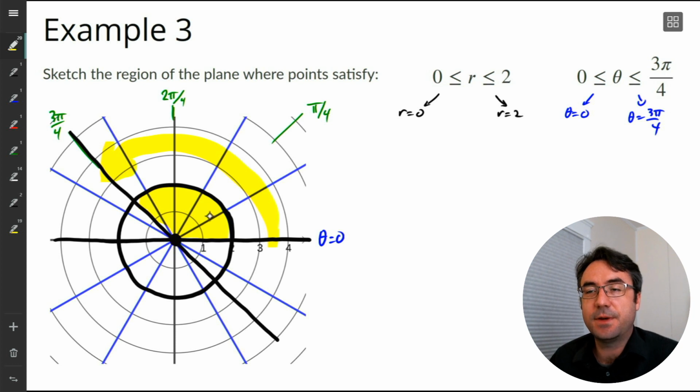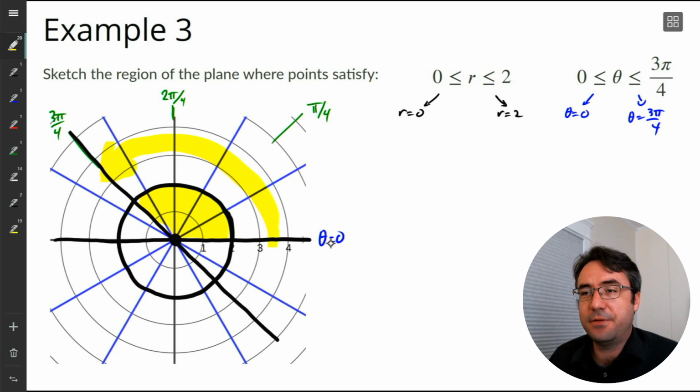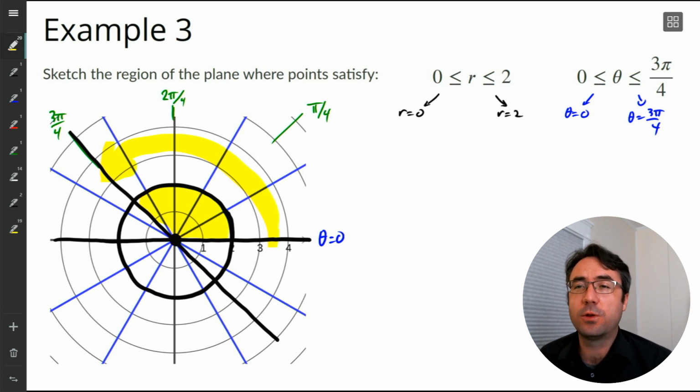All of the points in this region have an r value between 0 and 2, and a theta value of no less than 0 and no greater than 3 pi over 4. So it helps to identify where to start the theta value and where to end. That's essentially giving us this polar wedge, and then the r value tells us how far to go out.